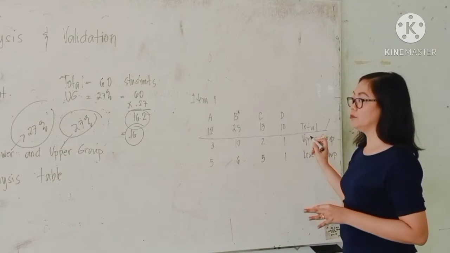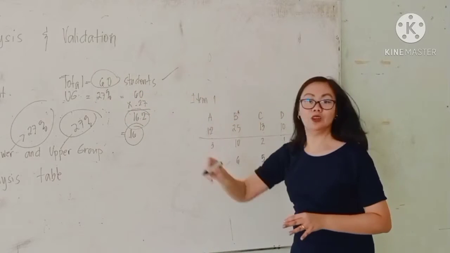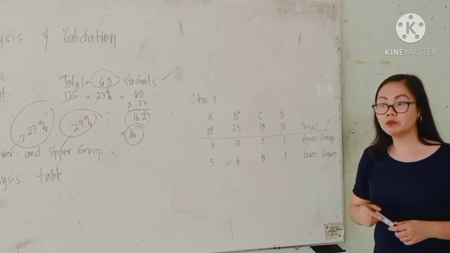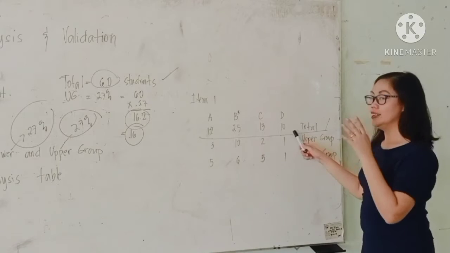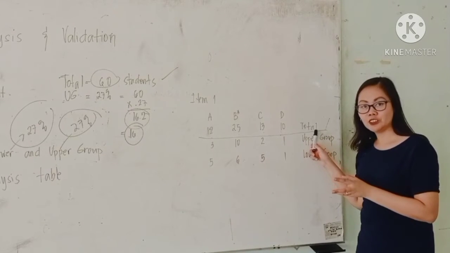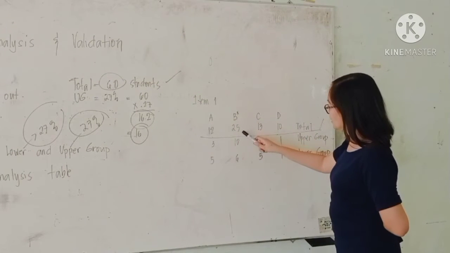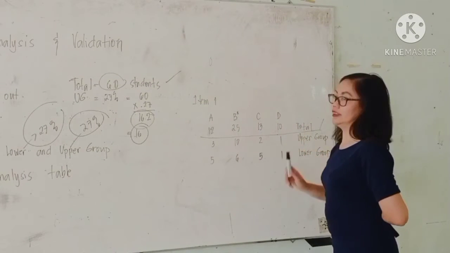Ito yung pinag-uusapan natin kanina na we have 60 total number of students. Sila yung nagpo-compose ng total number ng estudyante. Ma'am, saan mo nakuha itong A, 12, B, 25, C, 13, D, 10?